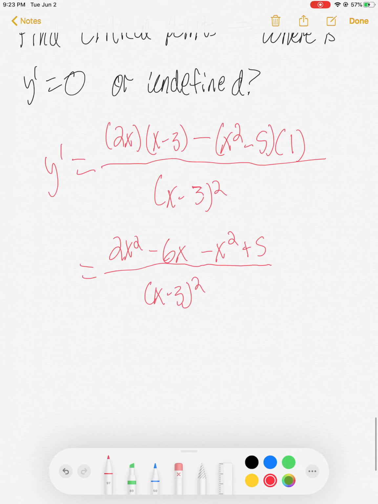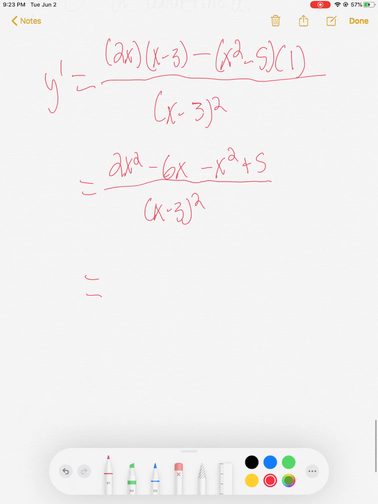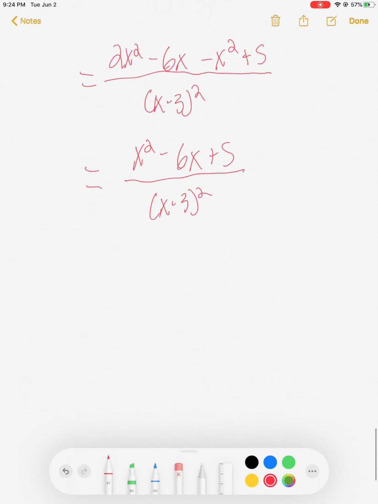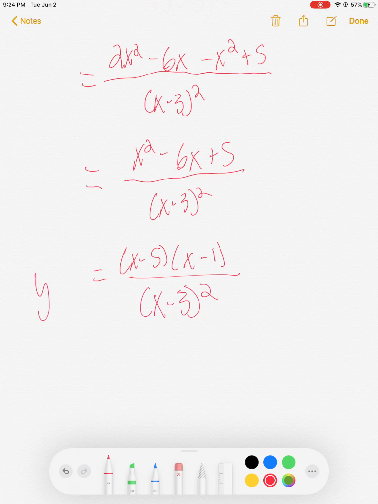Now let's see what simplification we can do here. I get 2x squared minus 6x minus x squared plus 5 all over x minus 3 quantity squared. Let me do a bit of simplification up there: x squared minus 6x plus 5 over x minus 3 squared.